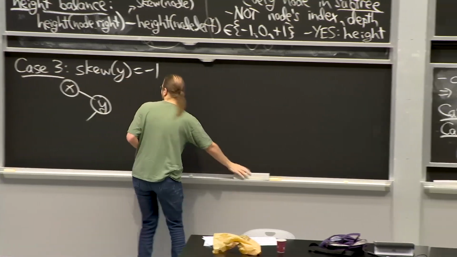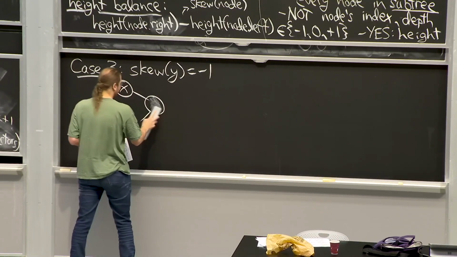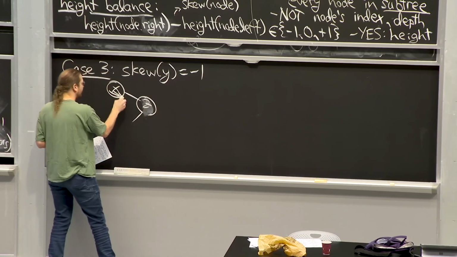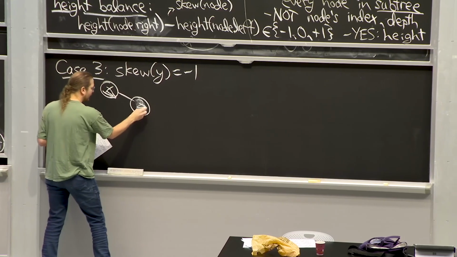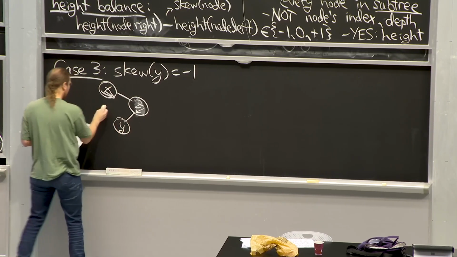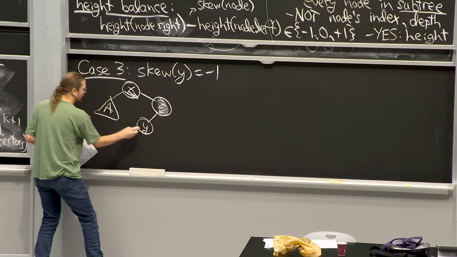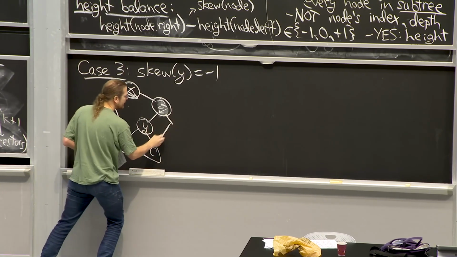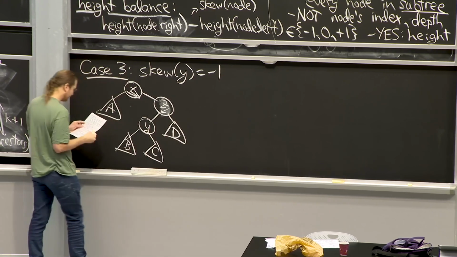And to be alphabetical, I'm going to rename this to z. Sorry. So this one, again, is double right arrow. This one is now left arrow. And this is the letter y. And so we have A, B, C, and D, potential subtrees hanging off of them.